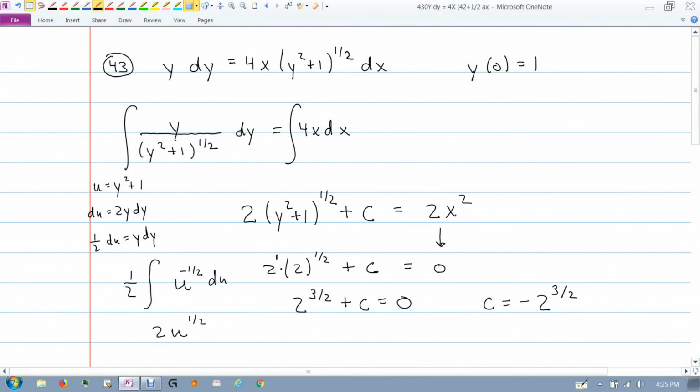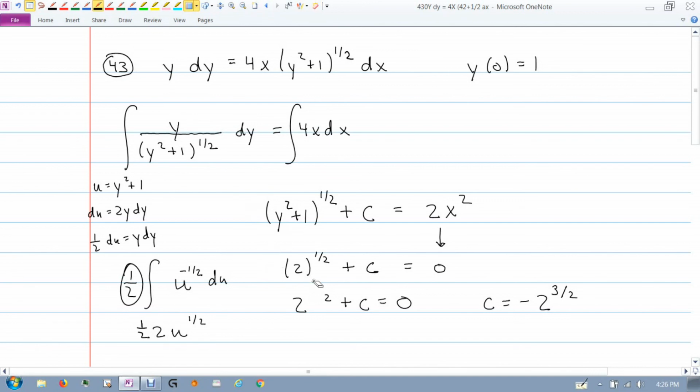All right, let's just check. Oh, I forgot the 1/2 here. Oops, I forgot it right there. That's 1/2, that's good. That's going to kill off this 2 and kill off that 2.